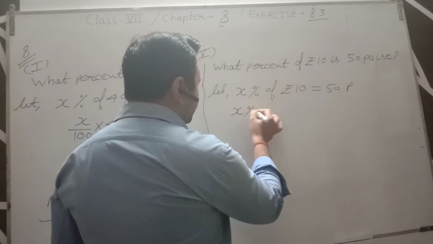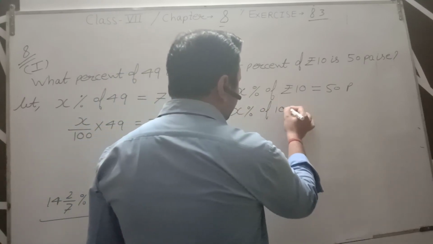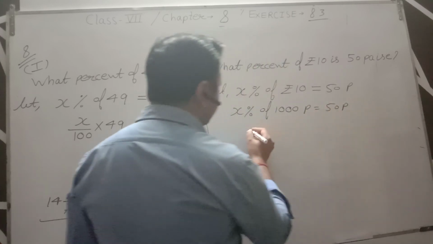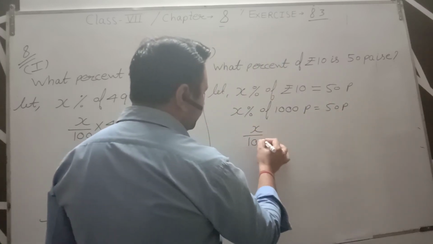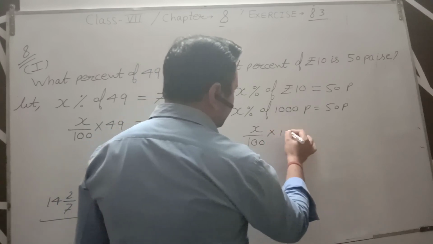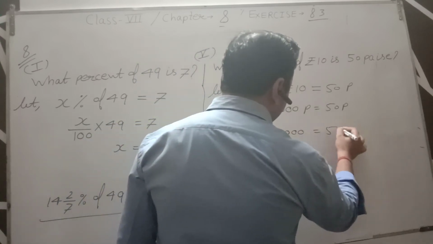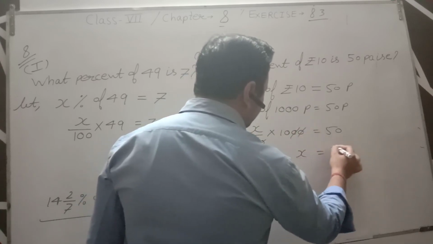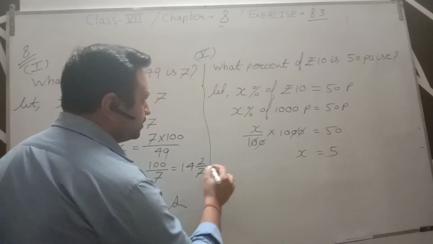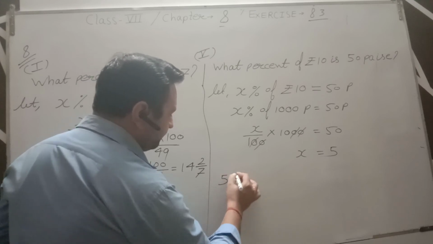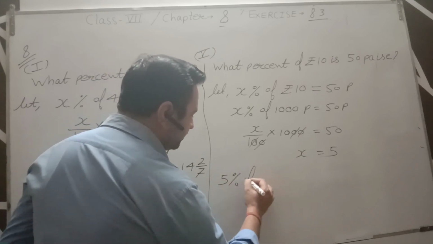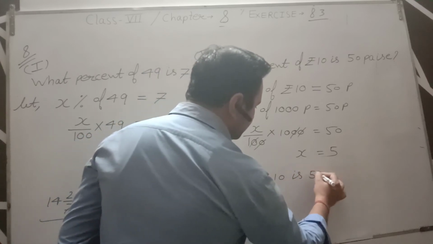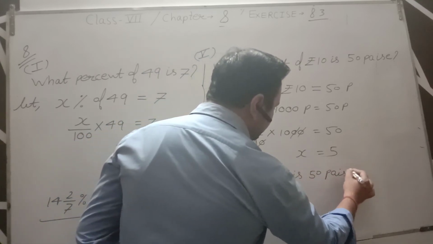So x% of 1000 paise is equal to 50 paise. x/100 multiplied by 1000 is equal to 50, and after calculation x is equal to 5. So the answer is 5% of ₹10 is 50 paise.